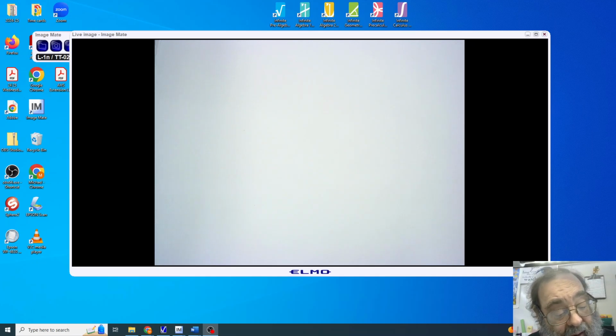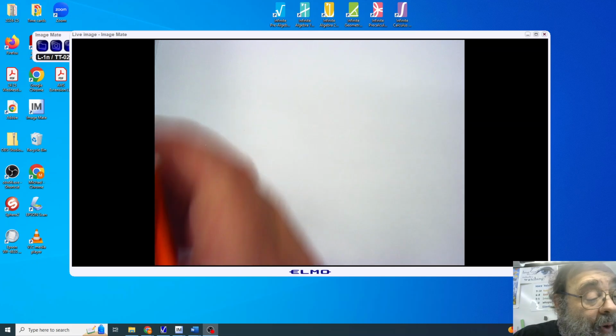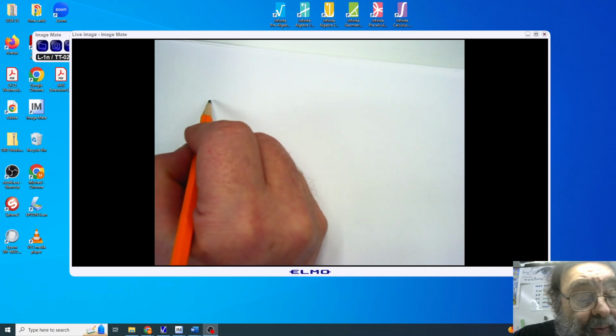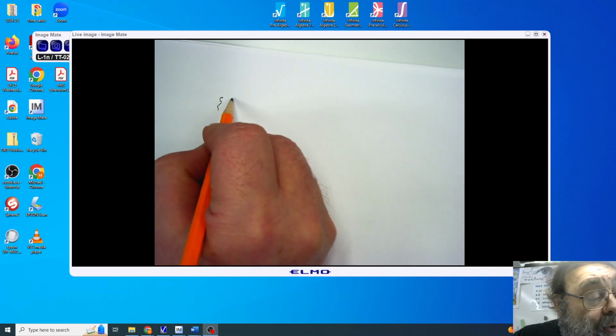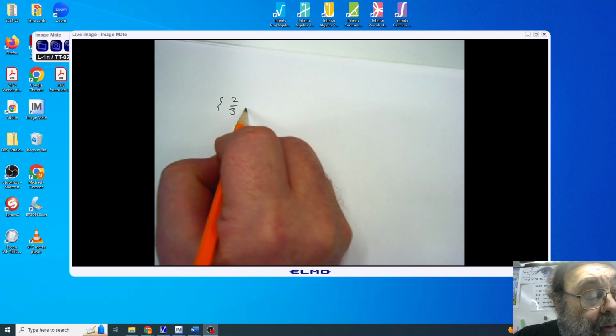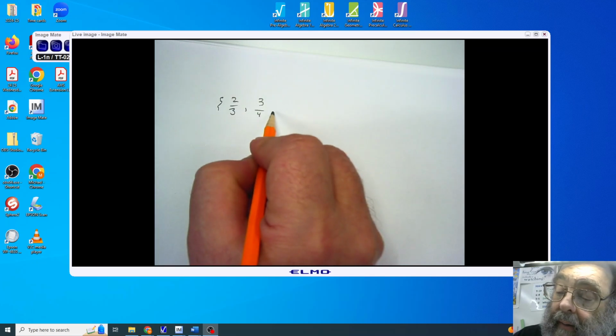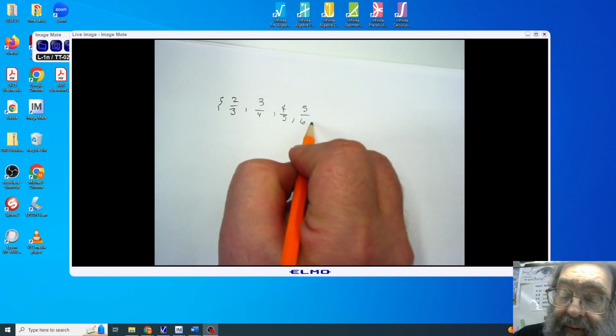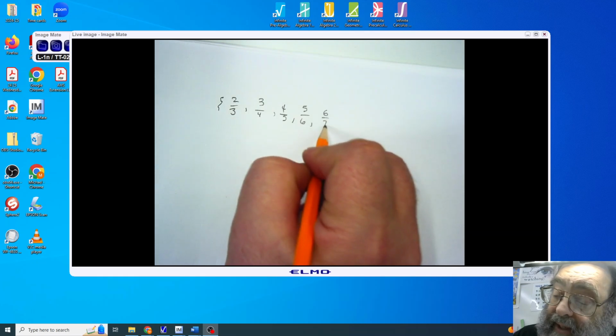So let's just see if we can come up with a rule and see about another one. So here's a new sequence. Let's say I have 2 over 3, 3 over 4, 4 over 5, 5 over 6, 6 over 7, and so on.